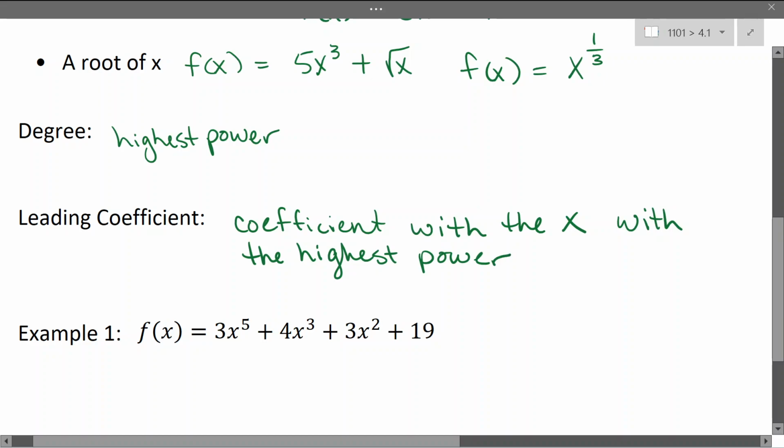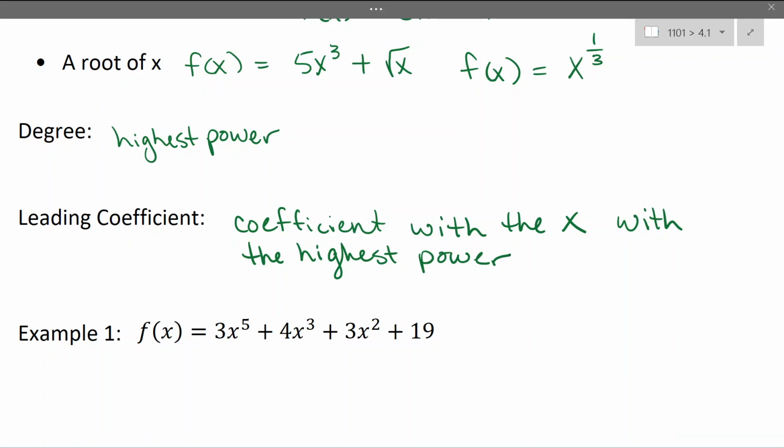The reason it's called the leading coefficient is if you wrote your polynomial in terms of highest power first and then decreasing until you get to the smallest power, the coefficient that's with the highest power would be the very first one, the leading coefficient.